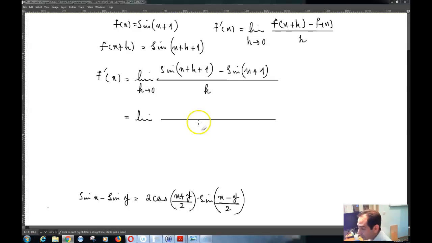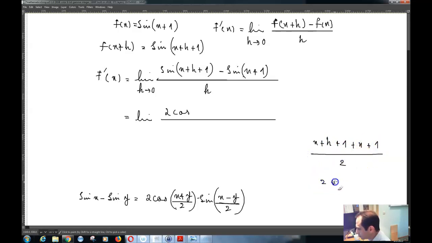Okay, so now here, instead of sine x minus sine y, I can write 2 times cos of x plus y divided by 2, which is x plus h plus 1 plus x plus 1 divided by 2, which is 2x plus h plus 2 divided by 2.